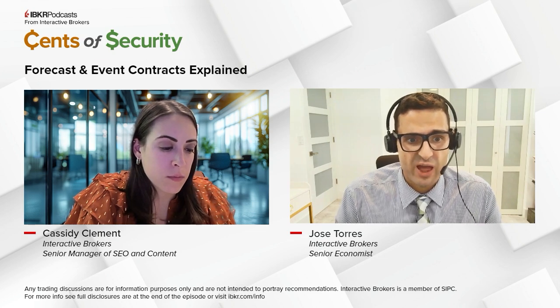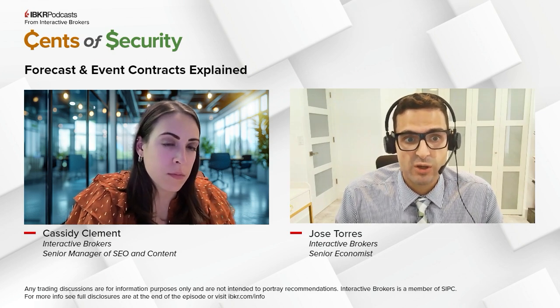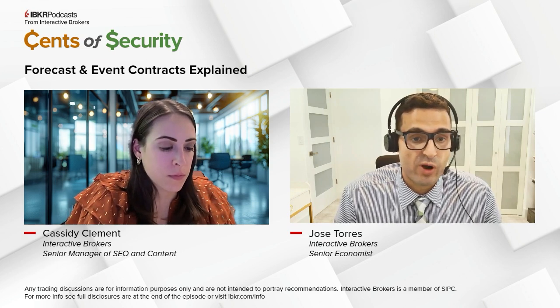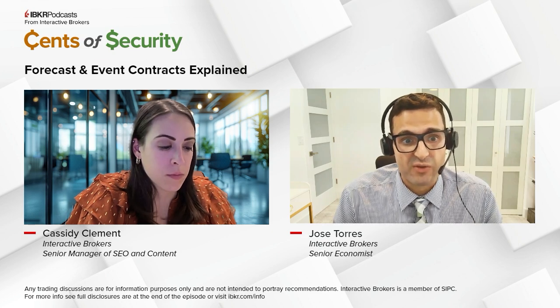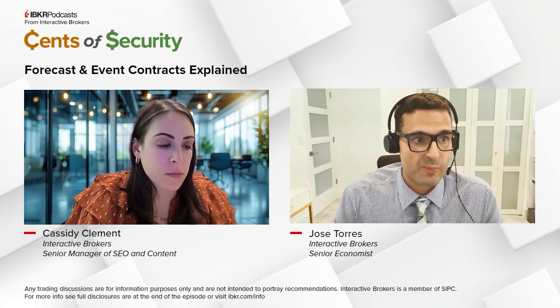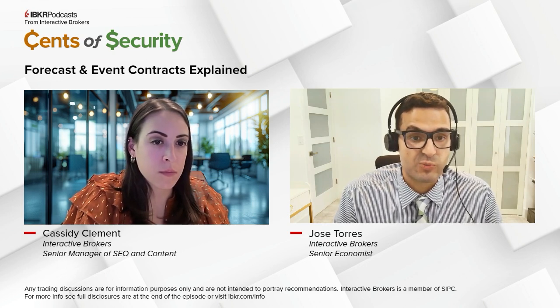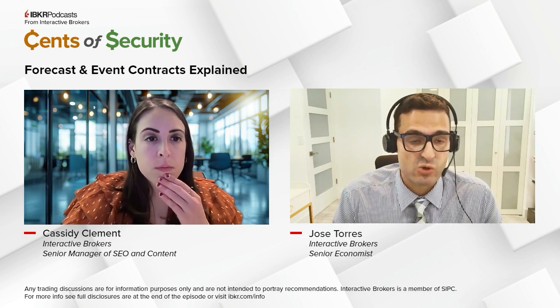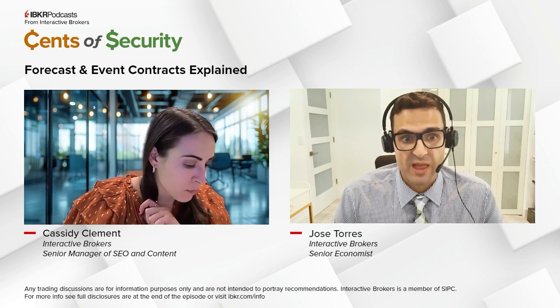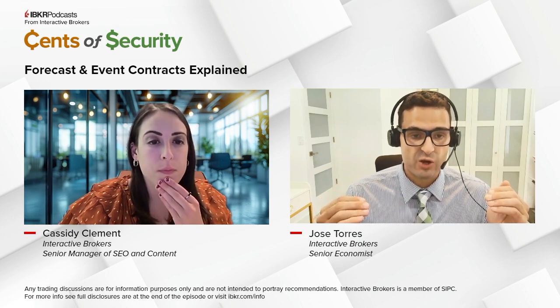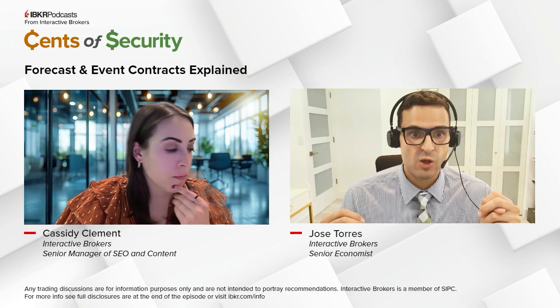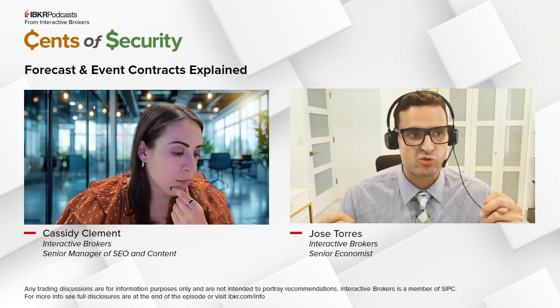The way these contracts work is the price is associated to the probability of an event occurring. So right now, for example, former President Trump is at 60% versus Vice President Harris, who is at 40%. Now, for a trade to occur, we call them pairings in the forecast contract world.